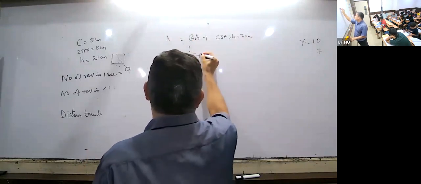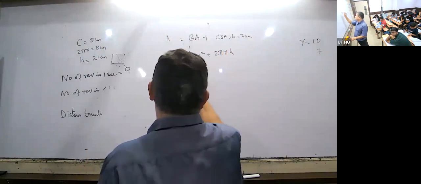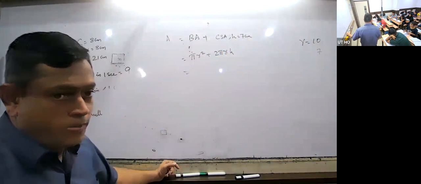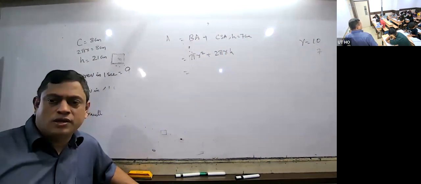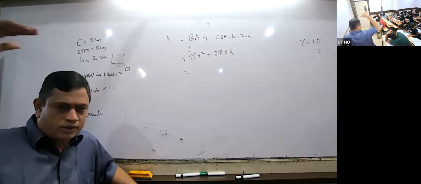That is pi r square plus 2 pi r h. So put the values. You have the value of r, you have the value of h. Pi you put 22 by 7. Simplify. Let's see.